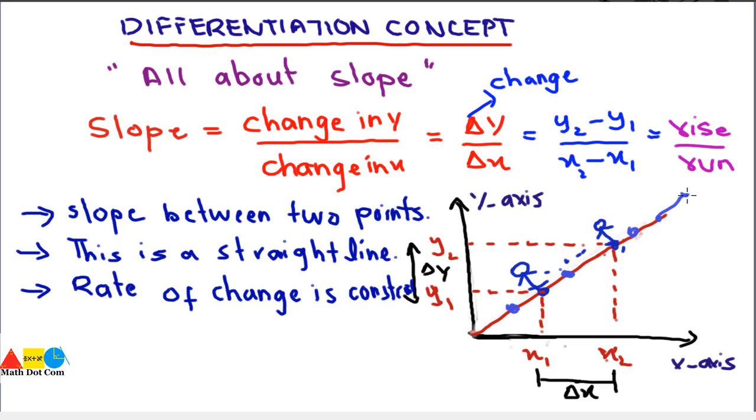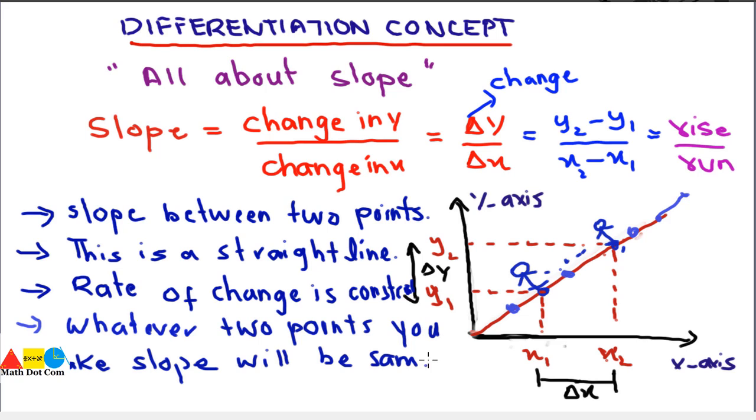It means that on a straight line, x is changing and y is changing corresponding to x in the same manner. So another thing we have deduced from here is that whatever 2 points you take, the slope will be the same. So this was the basic concept of the slope of a straight line.